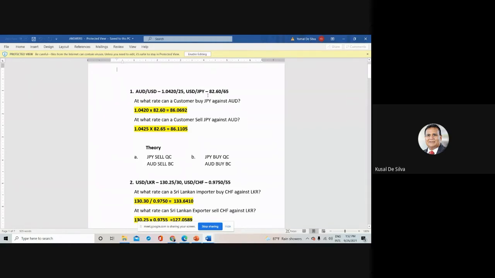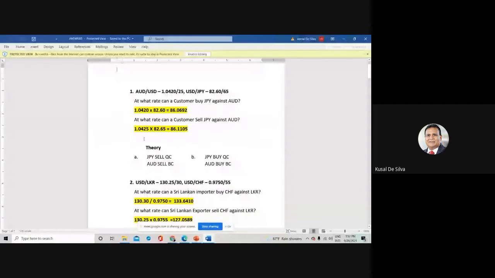At the outset I told you the bank will buy the base currency using the bid rate, and the bank will sell the quoted currency using the bid rate. This is the very simple theory. On the other hand, the bank will sell the base currency using the offer rate, and buy the quoted currency using the offer rate. This is the explanation I have given to you.